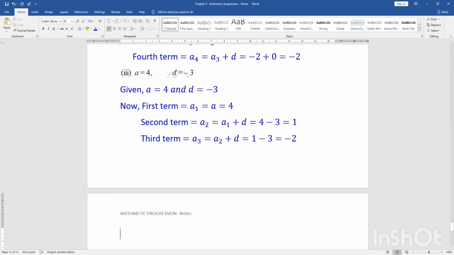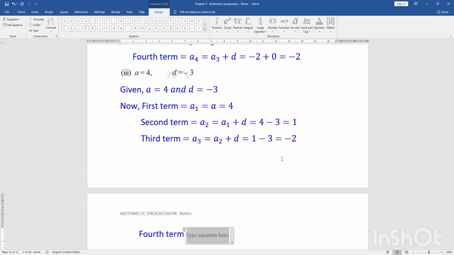Okay. And then the fourth term. So let us write the fourth term now. Fourth term equals A4, which is nothing but A3 plus D. Now A3 is how much?